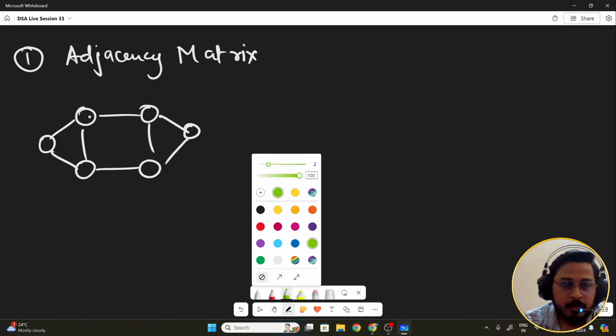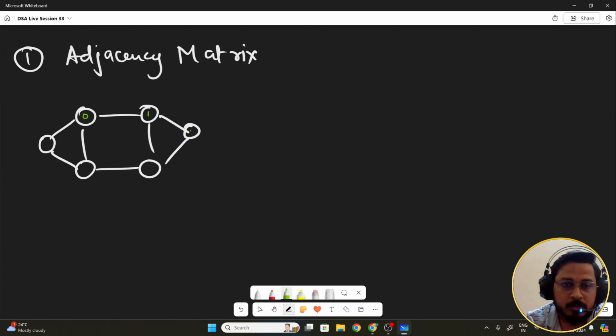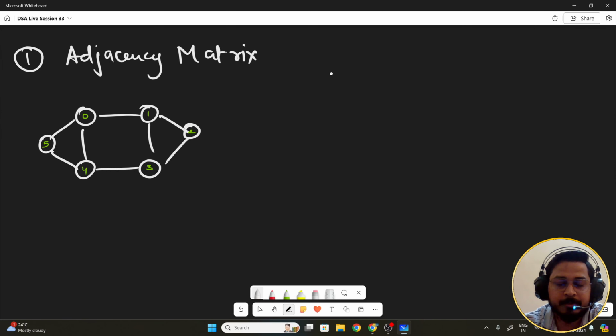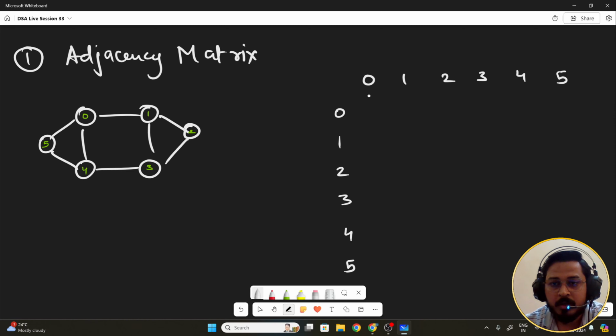Now, guys, let us say we need to create the adjacency matrix. How do we create it? You will create 0, 1, 2, 3, 4, and 5 like this, and 0, 1, 2, 3, 4, and 5 like this. Rows and columns you will create. I hope this is very, very much clear to all of you.